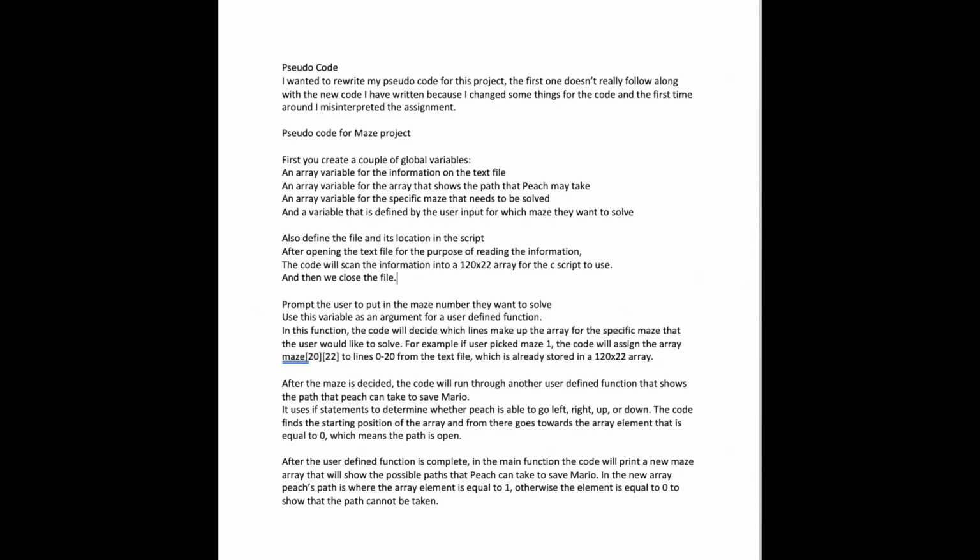While the file is open, the code will scan the information into the 120 by 20 array into the C script, so we are able to use this information later. After the file is done reading and scanning the information, the code will close the file.